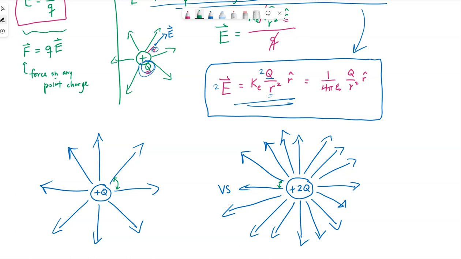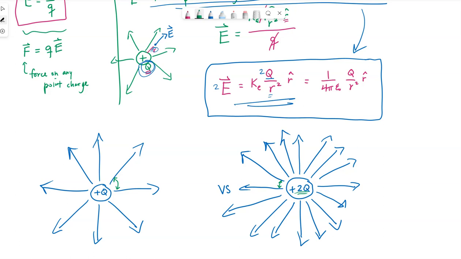So as you look at pictures, you'll have some questions that are asking you about electric field based off of just a drawing of the electric field lines. They'll be even closer together when we have more charge, so more lines to do that. Field lines will point away from positive towards negative.